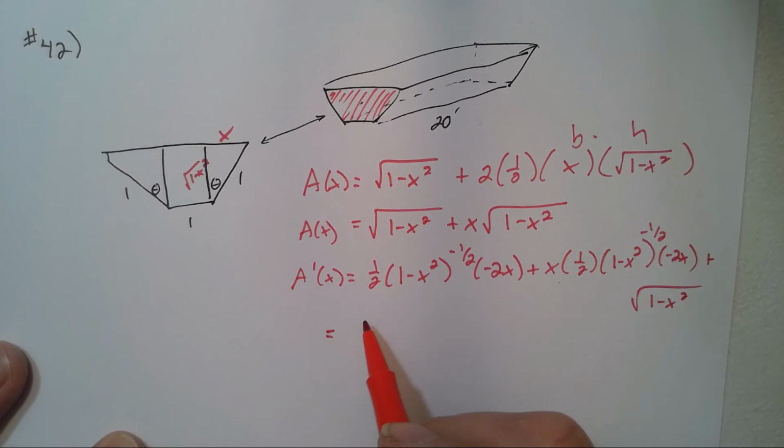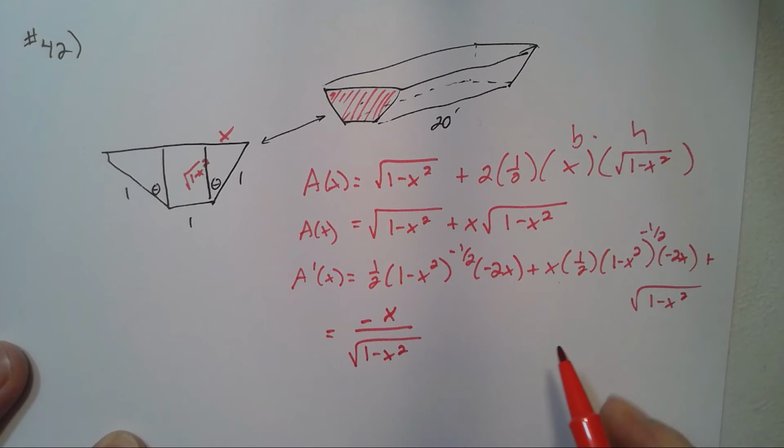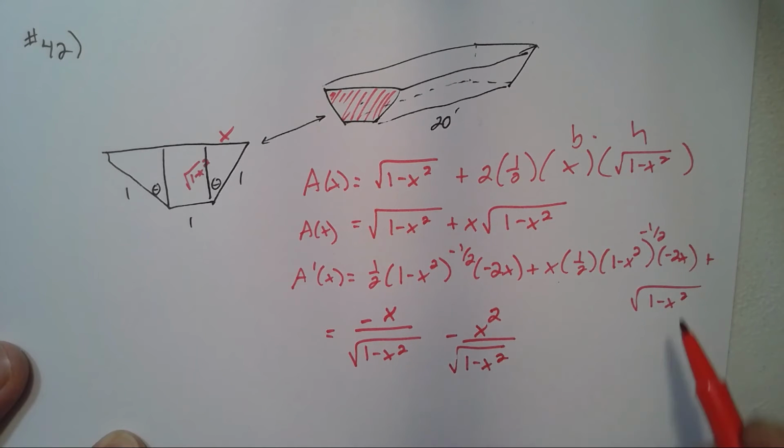So I have negative x over square root of 1 minus x squared minus x squared over square root of 1 minus x squared plus square root of 1 minus x squared.